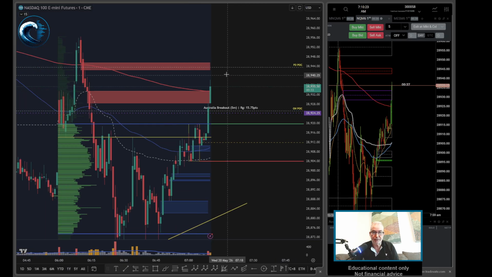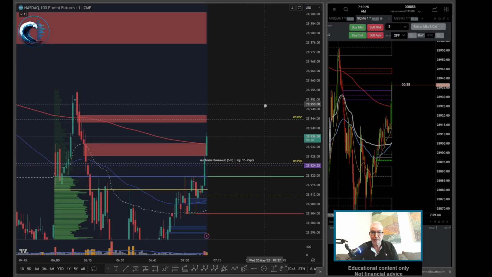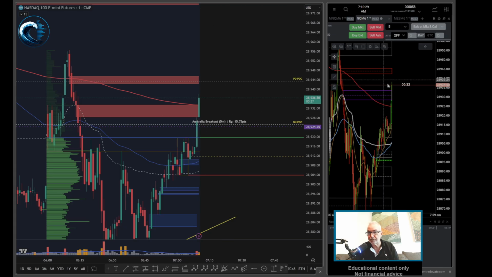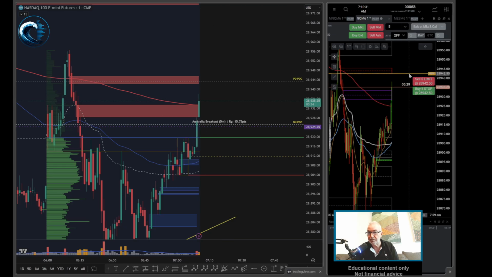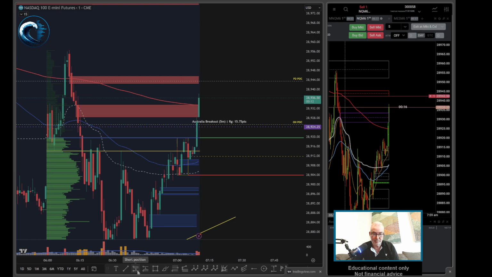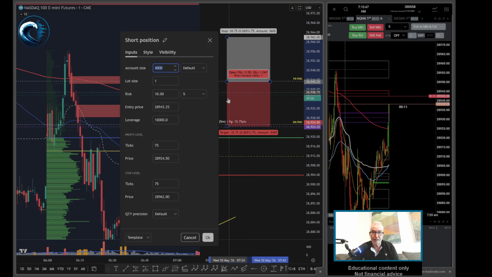So I'll wait for my move here, and you know what? I'm going to set 28,943. I'm going to set a sell here. Order working. So sell here. What am I doing? Short here. 50.